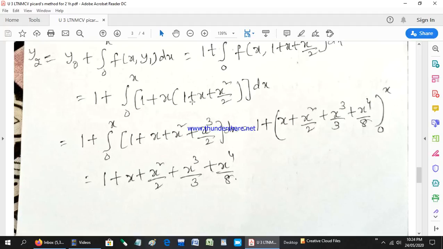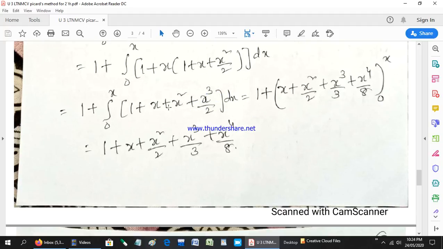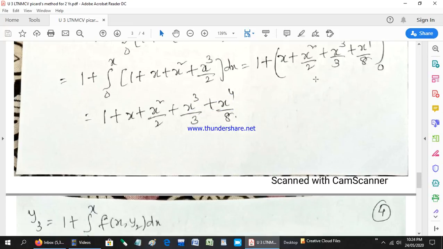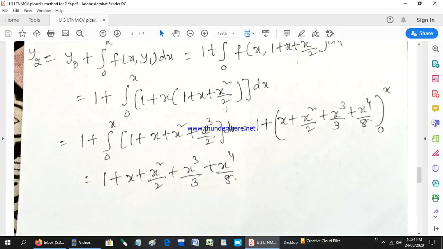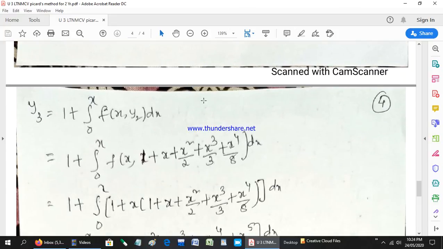So 1 plus x into x will be x square plus x cube by 2. So under integration with respect to x this will be x square by 2 plus x cube by 3 plus x power 4 by 8 from 0 to x. So which is 1 plus x square by 2 plus x cube by 3 plus x power 4 by 8. This is the value of the second approximation we are getting.